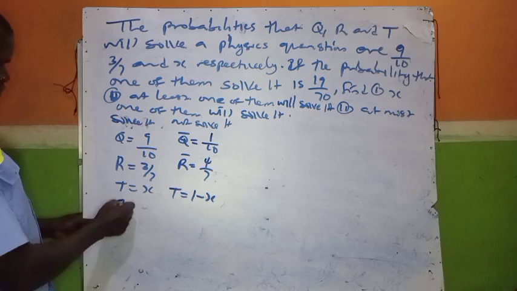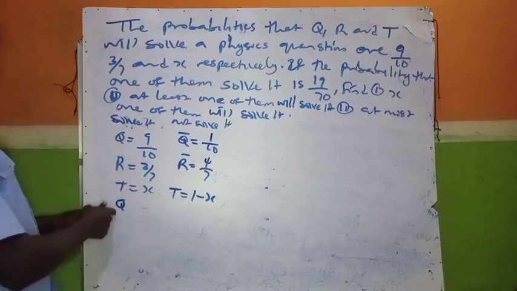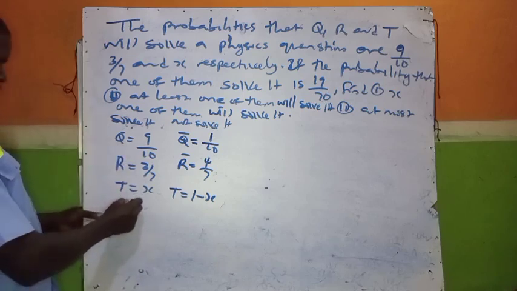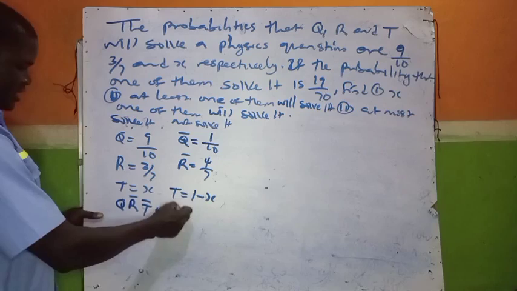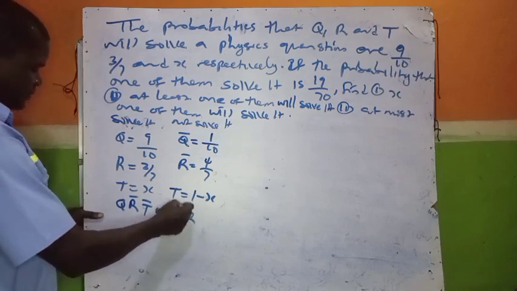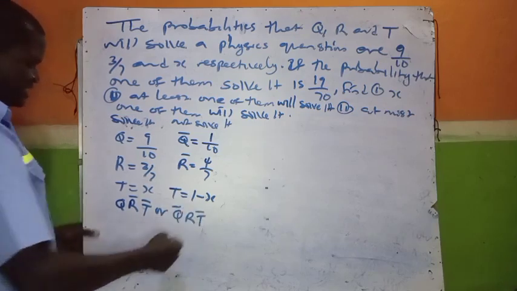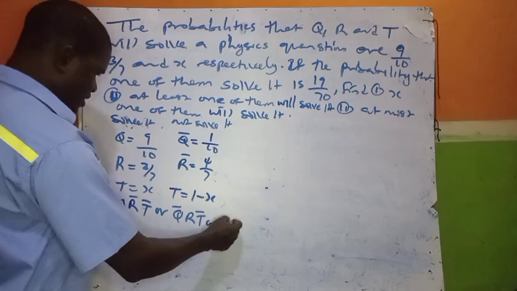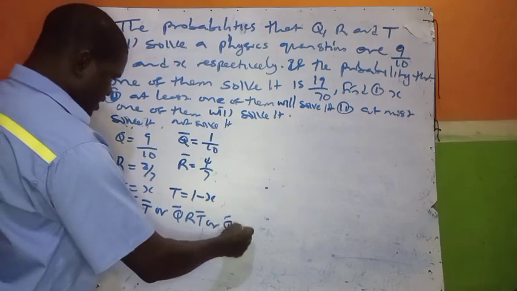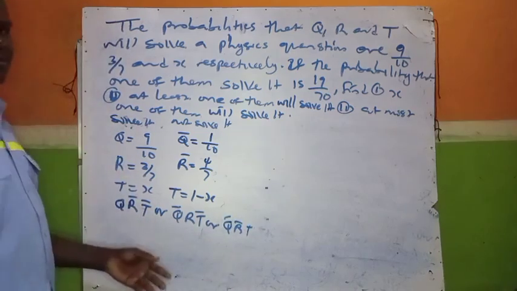So if Q solves it, R and T will not solve it, or if R solves it, Q and T cannot solve it, or if T solves it, Q and R cannot.